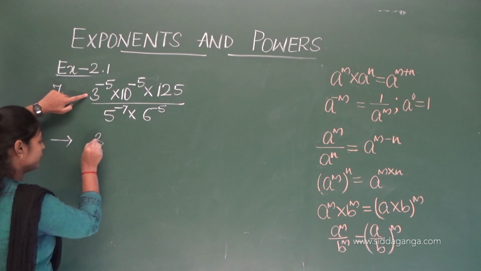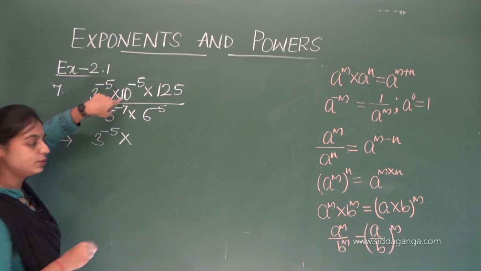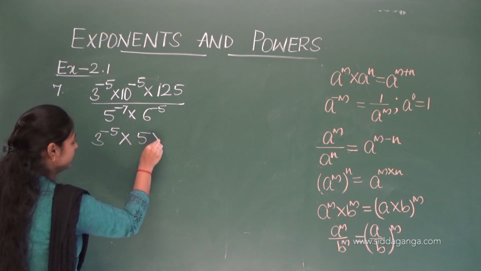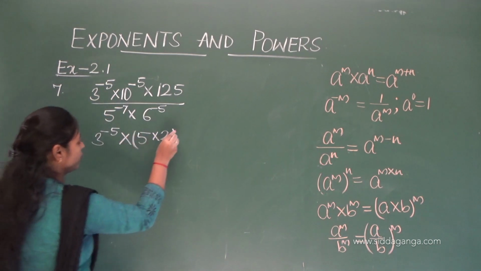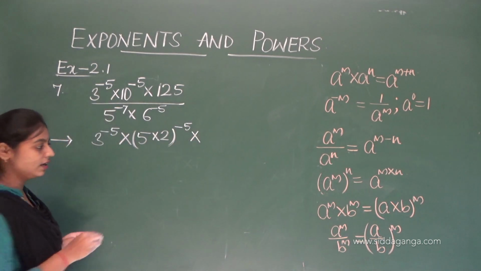3 raised to the power of minus 5, 10 can be written as 5 into 2. So 5 into 2 whole raised to the power of minus 5 into 5 cube is 125.